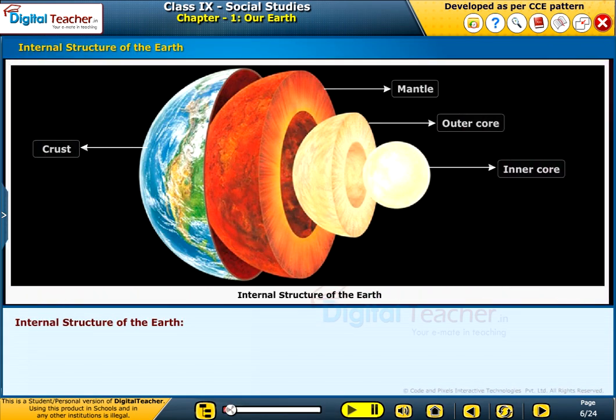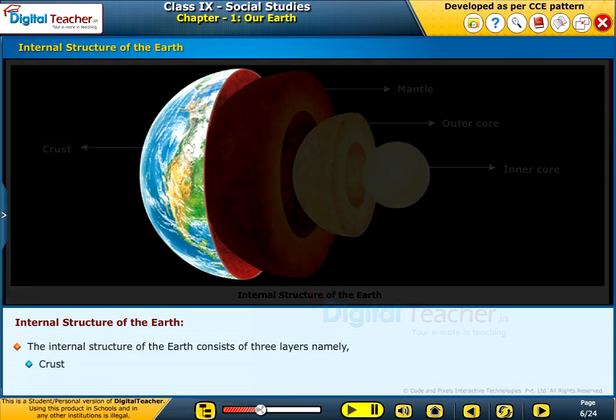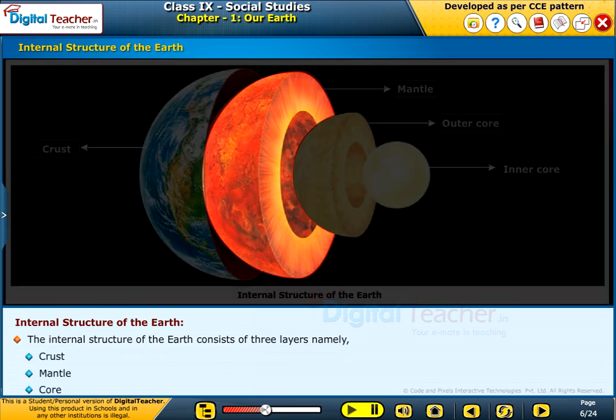Now, let us look at the internal structure of the Earth. It took several hundred years to understand the interior of the Earth. The internal structure of the Earth consists of 3 layers, namely crust, mantle, and core.